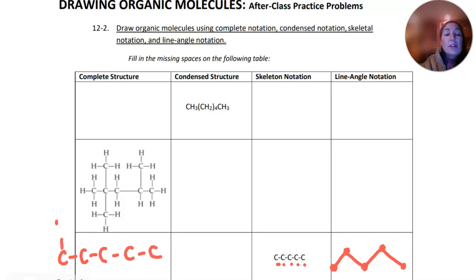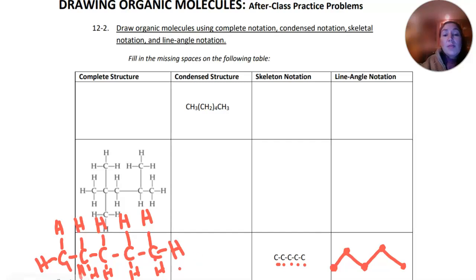And then I'll fill it in with 1 hydrogen above each carbon. So then I'm at 5 and 1 hydrogen below each carbon. So then I'll be at 10 before we know it. And then here's 11 and here's 12. And so how would we condense this?